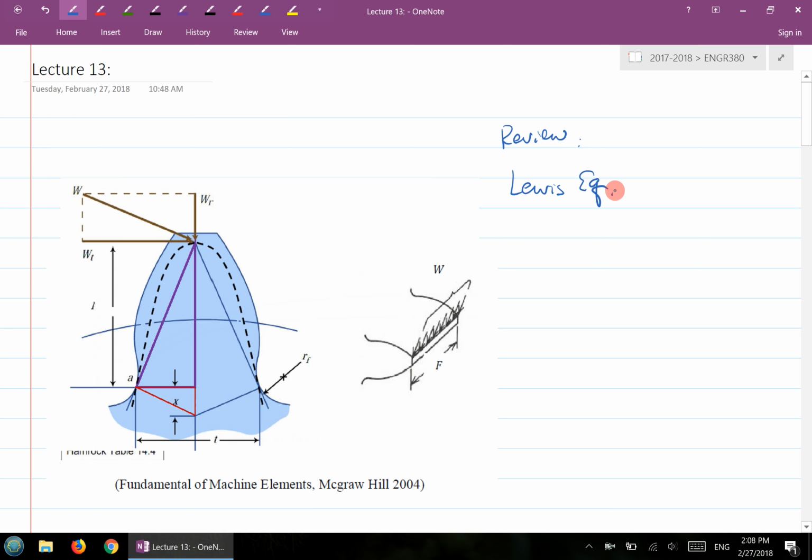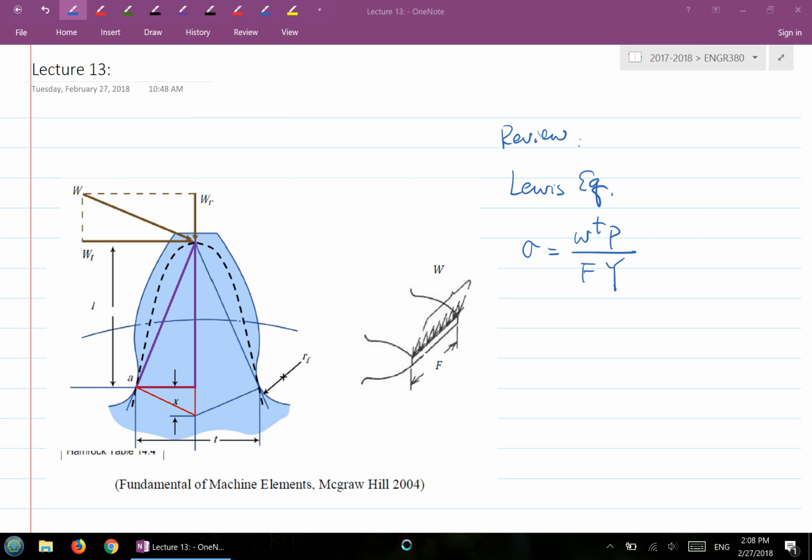It's an equation representing the stress at the root location here. That's the Lewis equation, the very original equation for calculating the stress at the root.